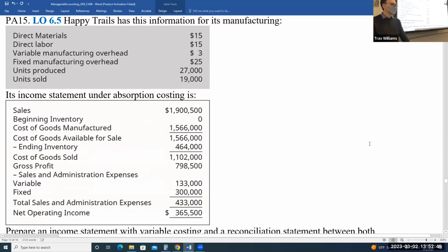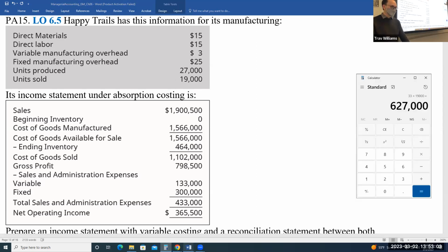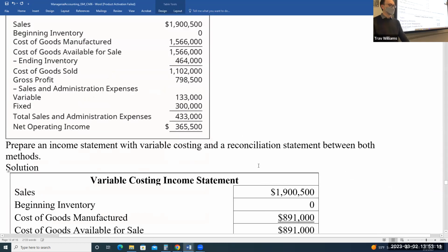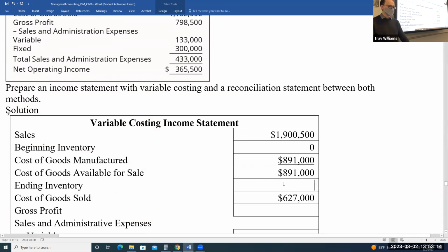How many units are in ending inventory? Okay, very good. So if we produce 27,000 and 19,000 got sold, that means we still have 8,000 that didn't get sold. So 8,000 units times that $33 cost per unit is $264,000 of ending inventory.